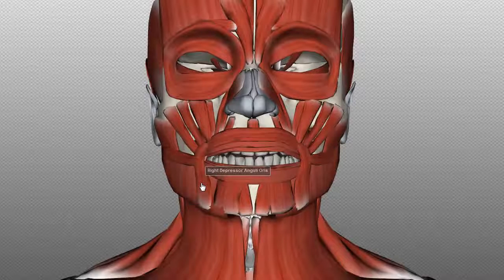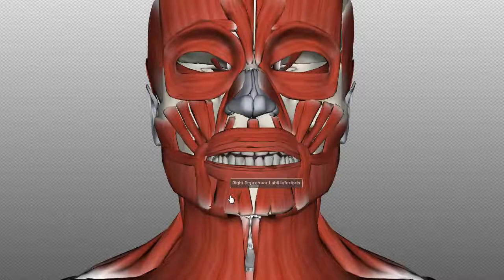So it depresses the corner of the mouth. This is the most superficial muscle of the lower group of oral muscles. Just moving slightly medially, we've got depressor labii inferioris, the counterpart to levator labii superioris.